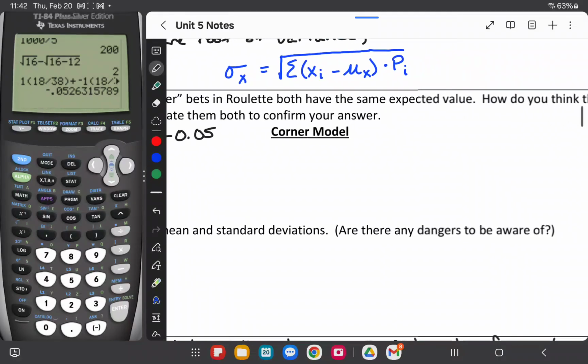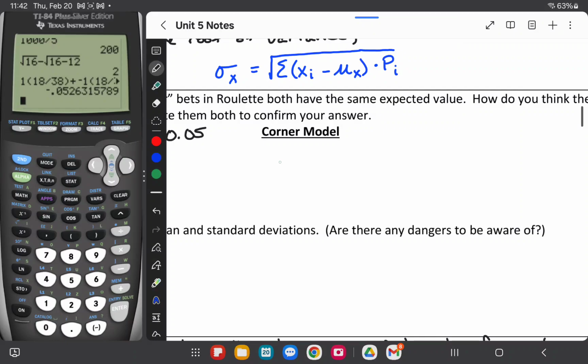Now, for the corner model, it actually turns out the mean is the same, but the distribution is slightly different. Remember, for the corner model, you win $8 on a $1 bet if you were to land on one of those four spaces. So $8 for 4 out of 38. Whereas you would lose your $1 for any of the other 34 spaces. So you would lose $1, 34 out of 38 probability there.